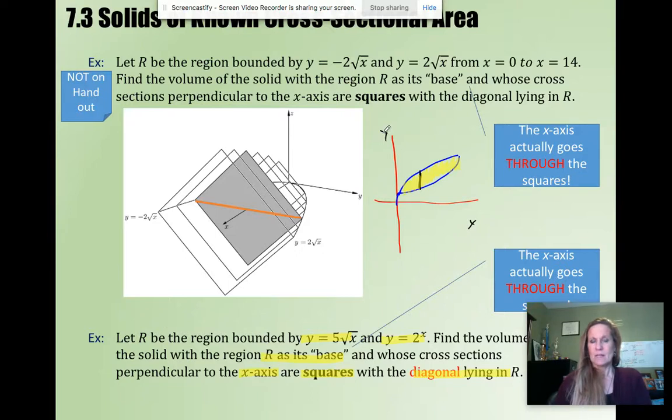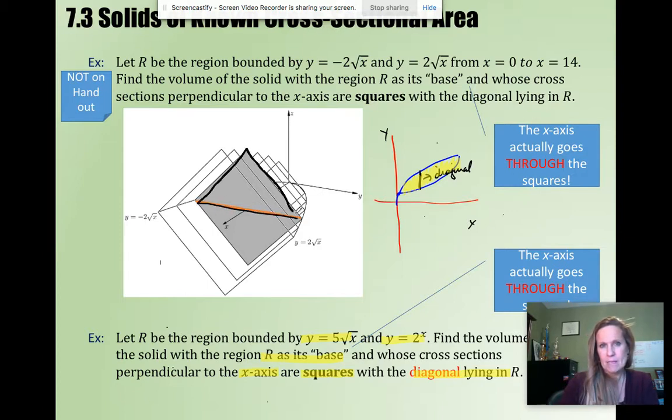Take that 2D shape, lay it on the ground, fill it with Play-Doh, put squares through it, not just in it, through it, so that the diagonal of the square is in the Play-Doh, but that's just like this scenario. It's just that my boundary is different.